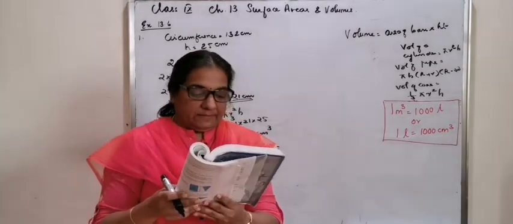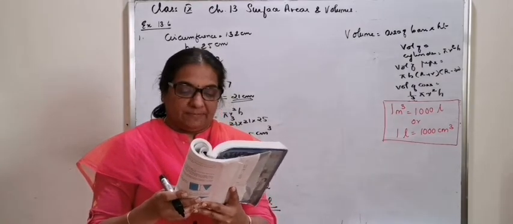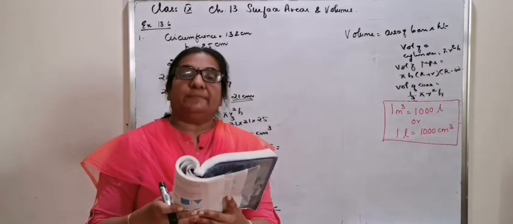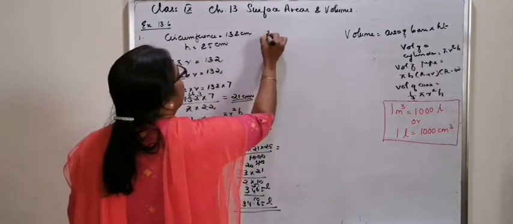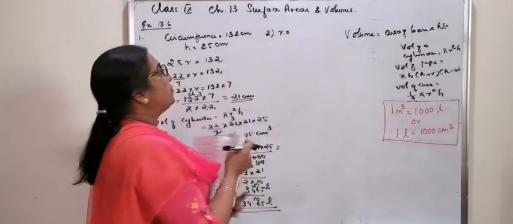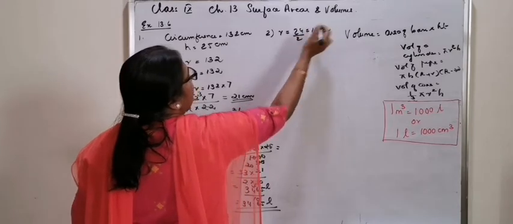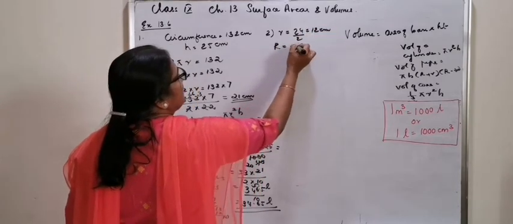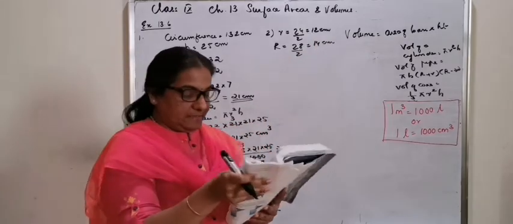Question 2. The inner diameter of a cylindrical wooden pipe is 24 centimeter and its outer diameter is 28 centimeter. The inner radius, small r, will be 24 by 2, which is equal to 12 centimeter, and the outer radius is 28 by 2, which is equal to 14 centimeter.